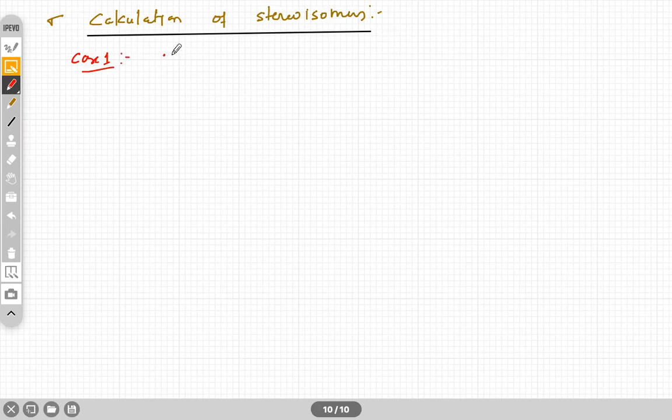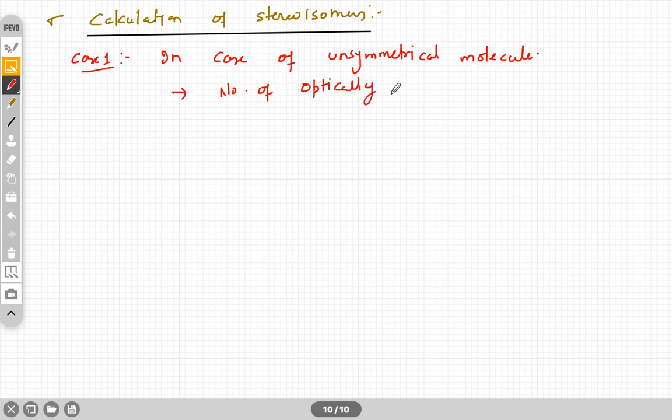In case of an unsymmetrical molecule, we have two possibilities here. One will get the number of optically active forms.